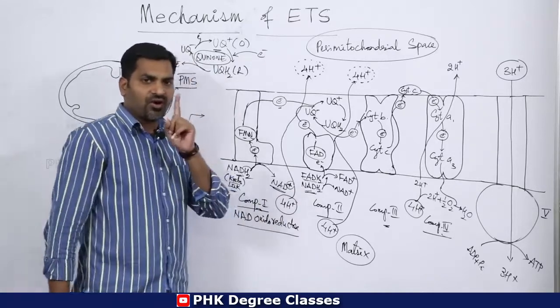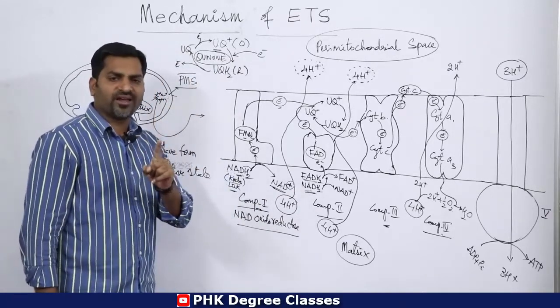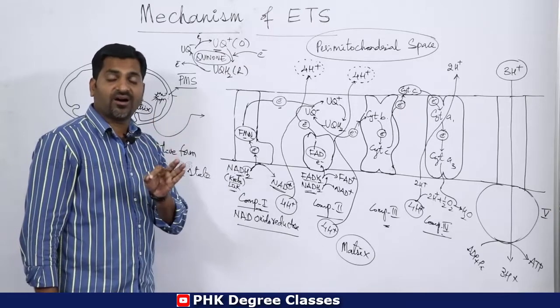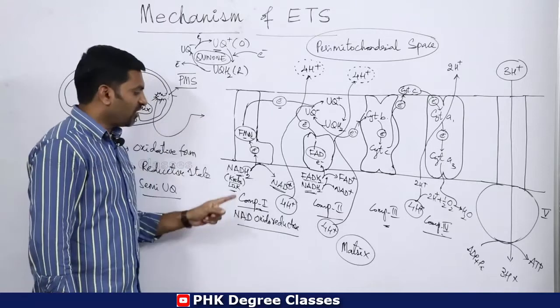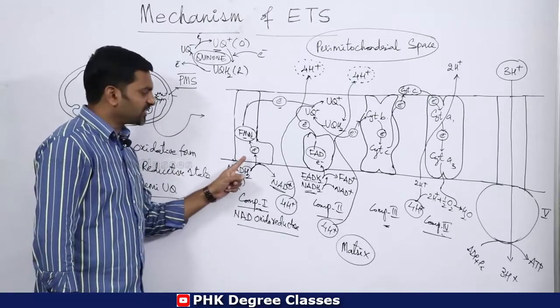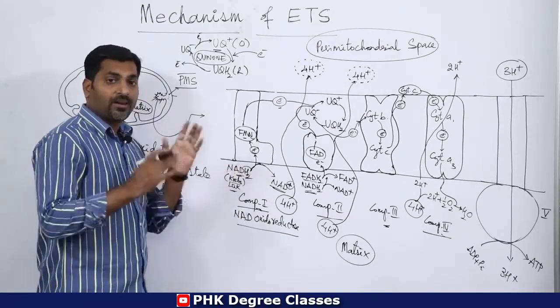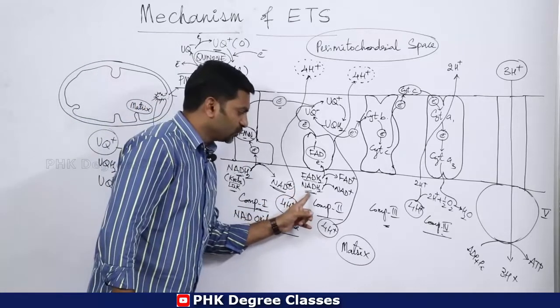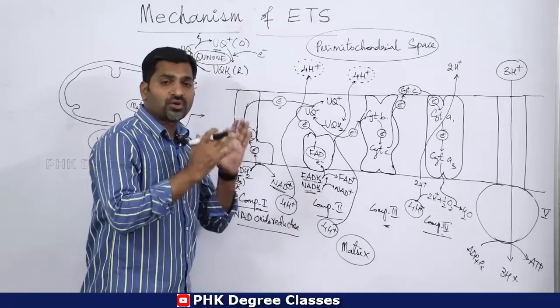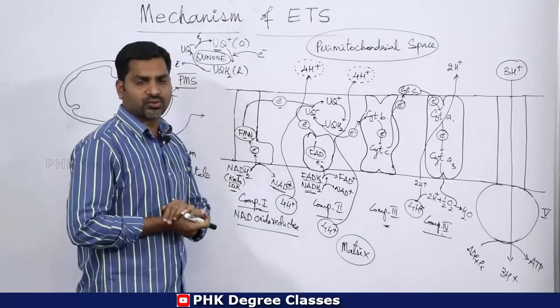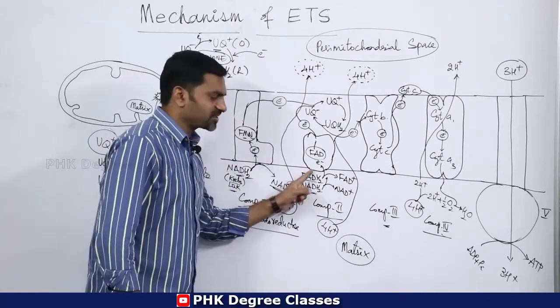Clear? So all the NADH2 of the Krebs cycle and all the NADH2 formed during the link reaction participate at complex 1. But two NADH2s are formed in the glycolytic pathway. So glycolytic NADH2 can participate at complex 2 only.